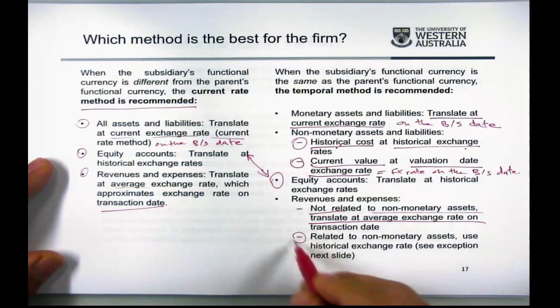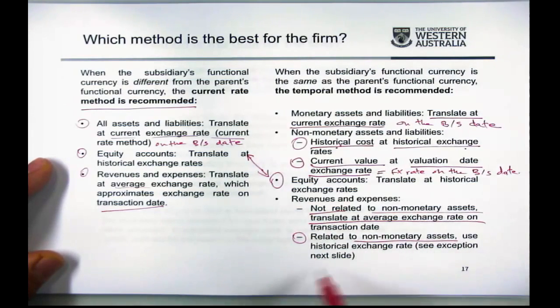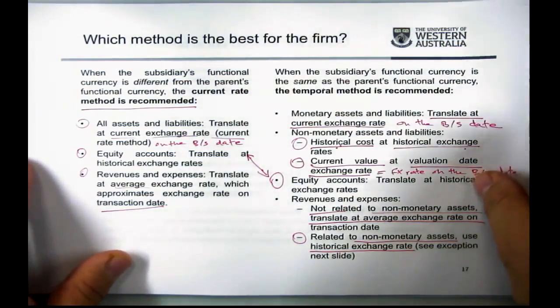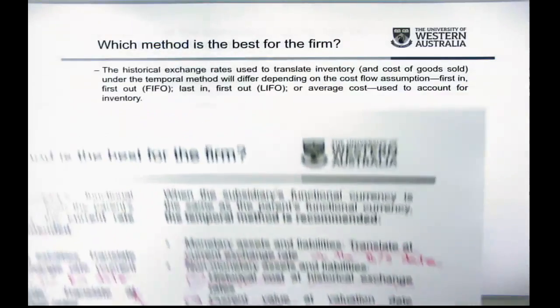And if they are related to non-monetary assets, in this case, we use historical exchange rate. There is an exception here, which I am about to discuss with you when it comes to dealing with the inventory and the cost of goods sold.